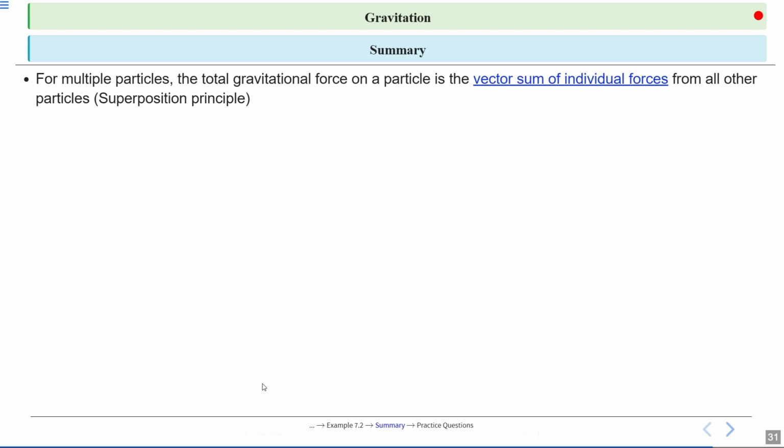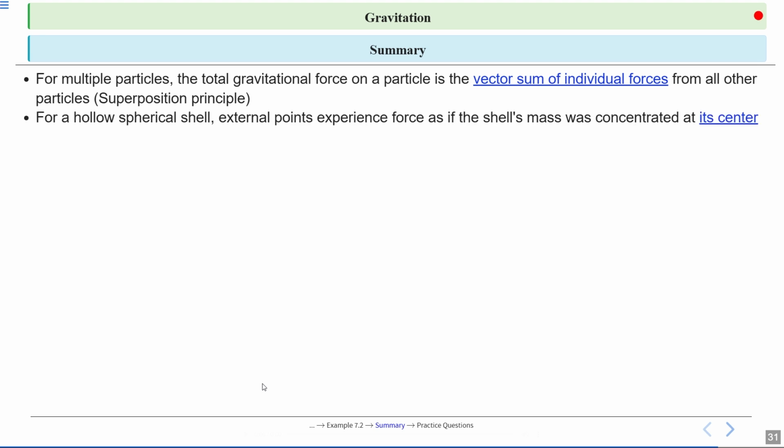So, for multiple particles, the total gravitational force on a particle is the vector sum of individual forces from all other particles. For a hollow spherical cell, external points experience forces as if the cell's mass was concentrated at its center.